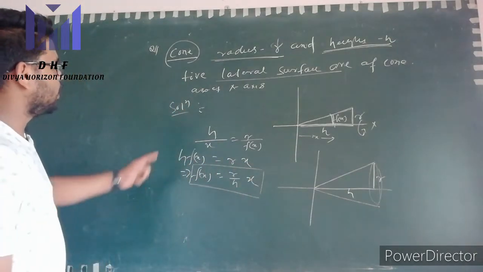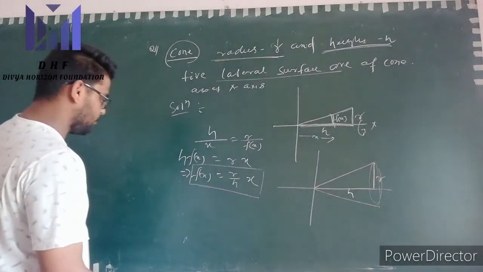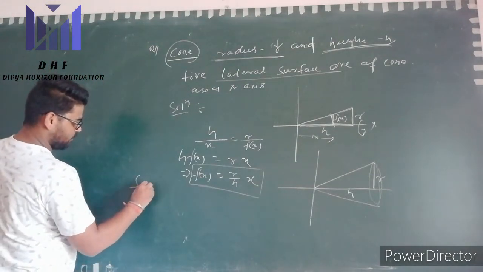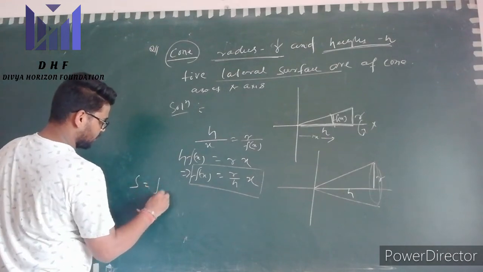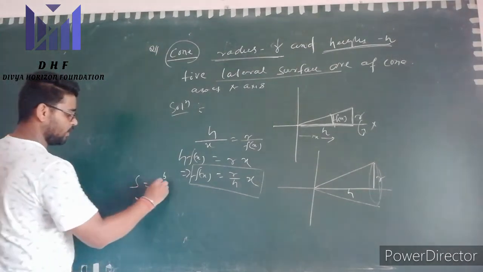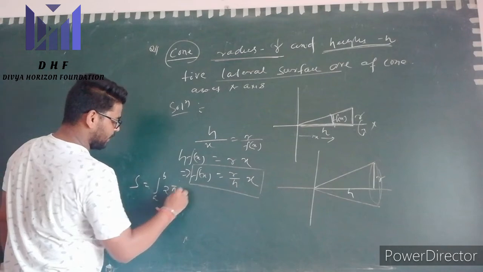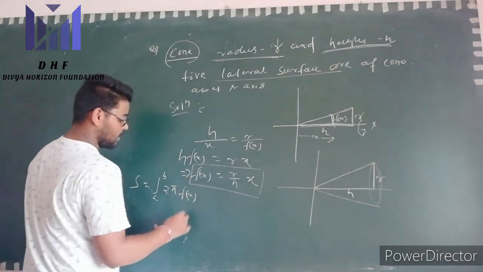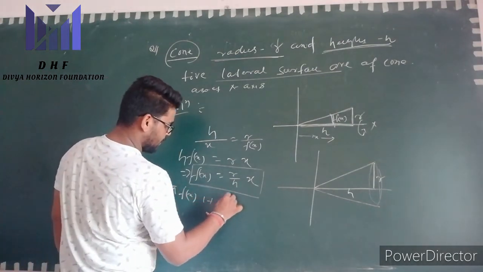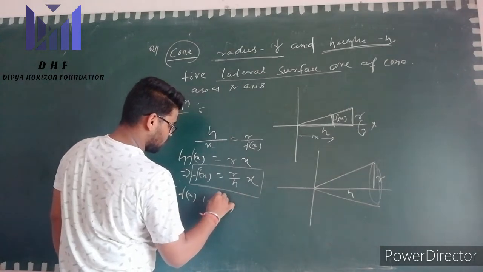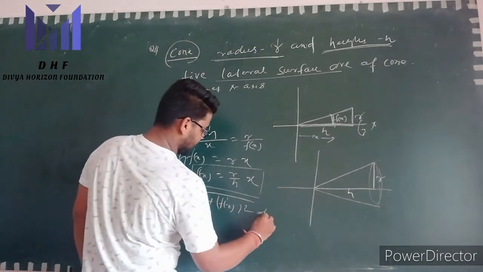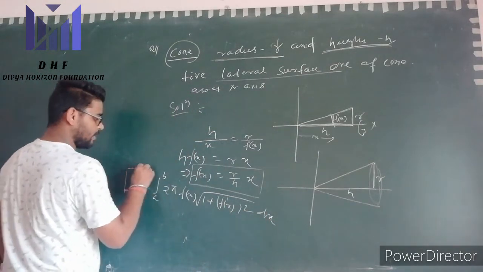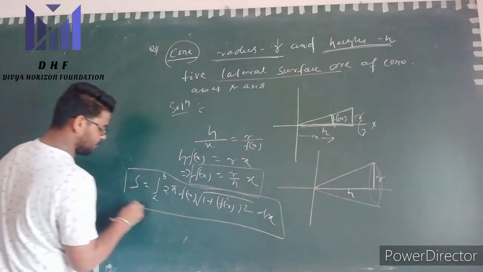Then what is the lateral surface area? The formula is S is equal to integration a to b of 2 pi f of x times the square root of 1 plus f dash x square, dx. This is our lateral surface area formula.